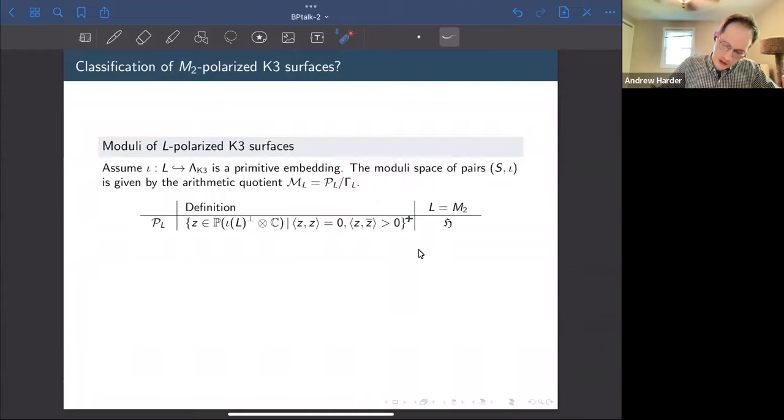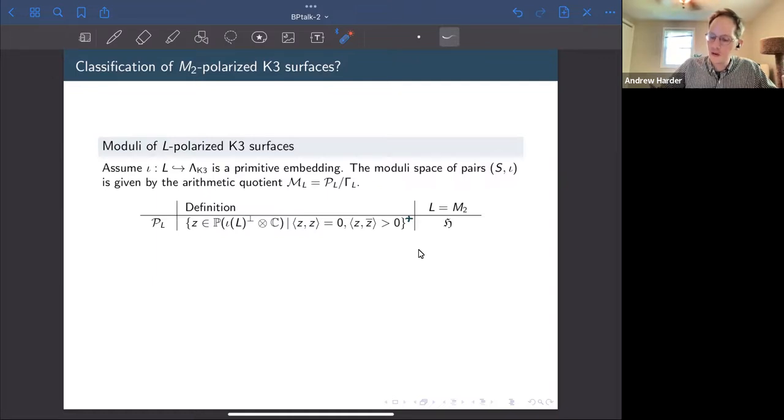So I take the projective space of the orthogonal complement of the image of this embedding, and I tensor with C. So that's a complex projective space of dimension equal to the dimension of the transcendental lattice of this lattice polarized K3 surface. Then I take the quadric inside of that, determined by the vanishing of this equation. And I take the piece of this quadric so that Z and Z bar have pairing greater than 0. And then I take a single component of this. So this usually has two distinct path connected components, and I just take one of those for the sake of simplicity.